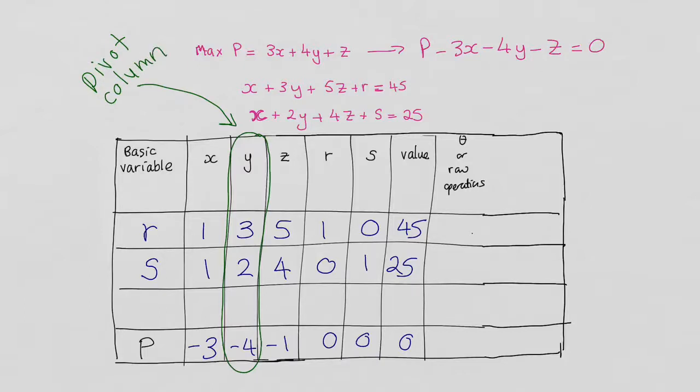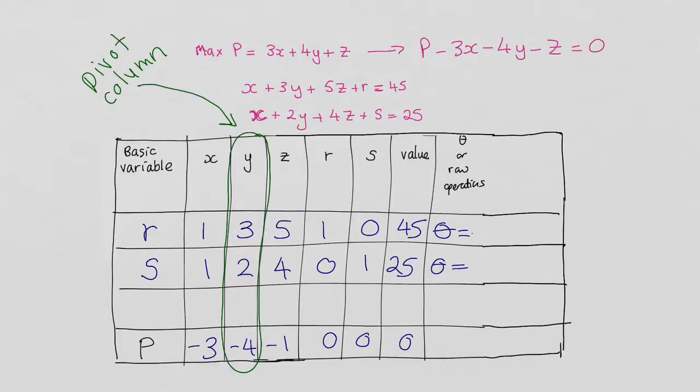I now need to decide what am I going to use as my row, and this is not an option here. And the Simplex algorithm tells us to look for the smallest non-negative value of theta. So to work out theta, theta is the value divided by the coefficient of y in your column.